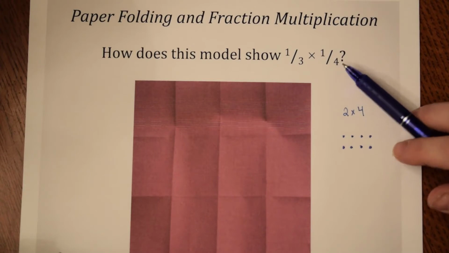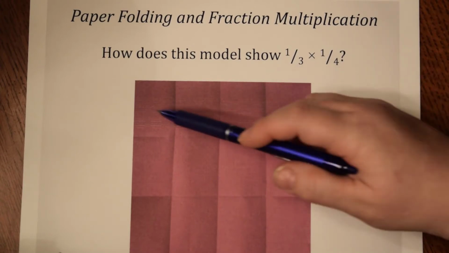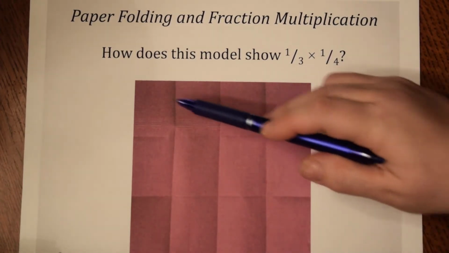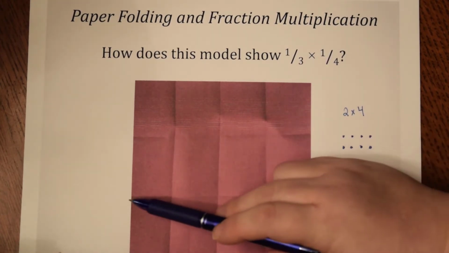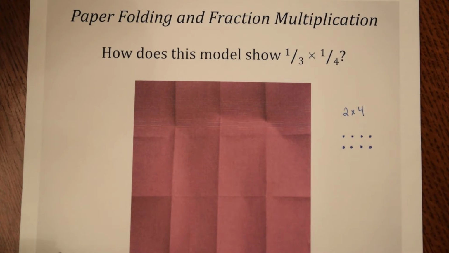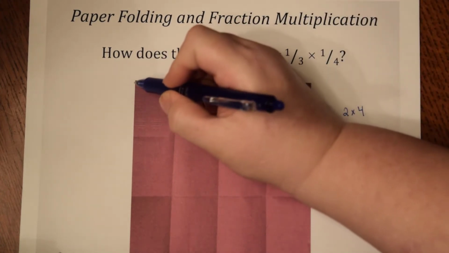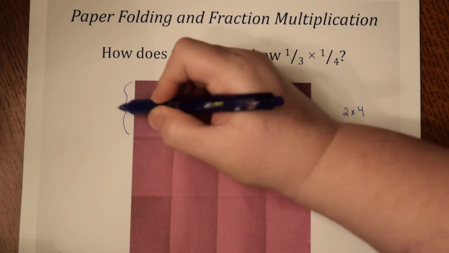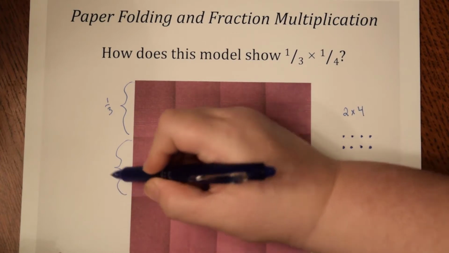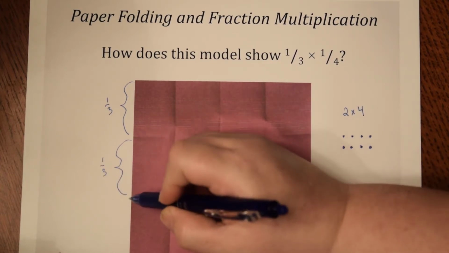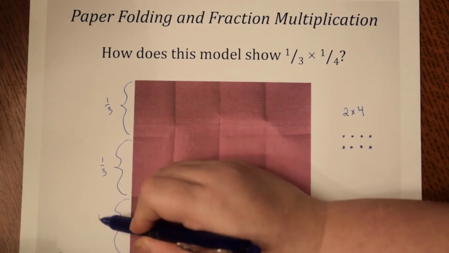Okay, so what I can do is take my piece of paper, and we want 1/3 of a row. So we're going to divide that into 3 equal rows. And so this right here would be 1/3 of a row, and this would be 1/3 of a row, and this would be 1/3 of a row.